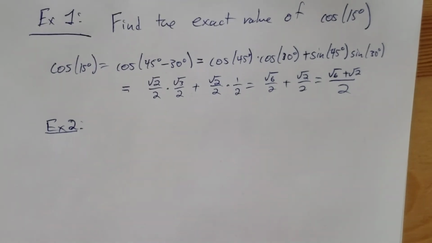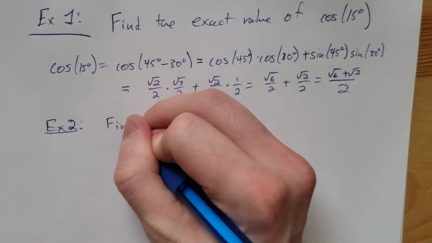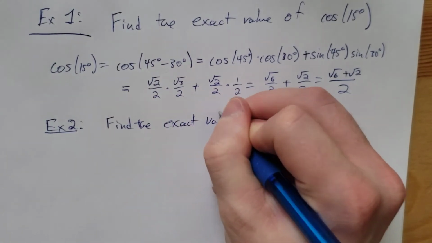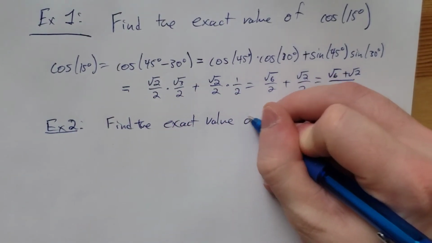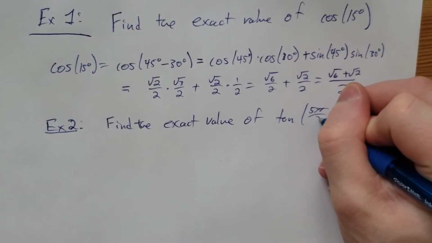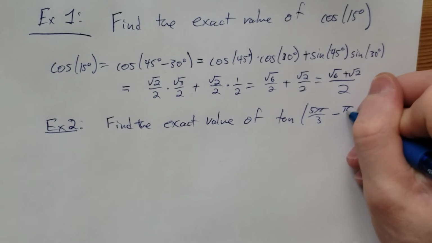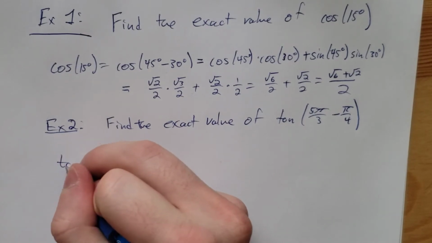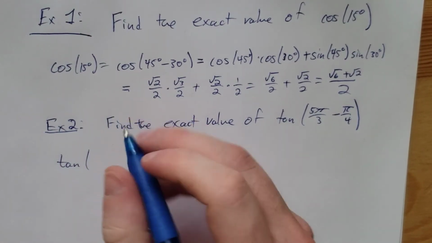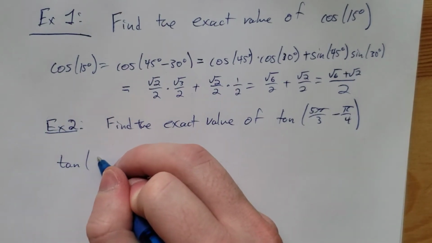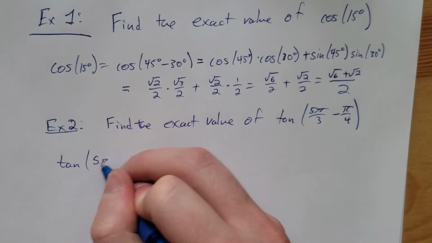This one will ask us to find the exact value of tangent of 5 pi over 3 minus pi over 4. For this one we use the identity for the difference of two angles within tangent.